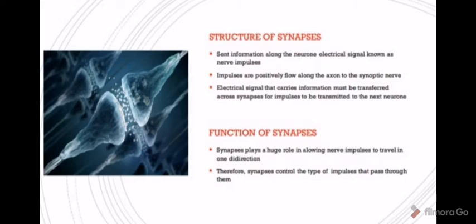Electrical signals that carry information must be transferred across synapses for impulses to be transmitted to the following neurons. Synapses play an important role in allowing nerve impulses to travel in one direction. Therefore, synapses control the types of impulses that pass through them.